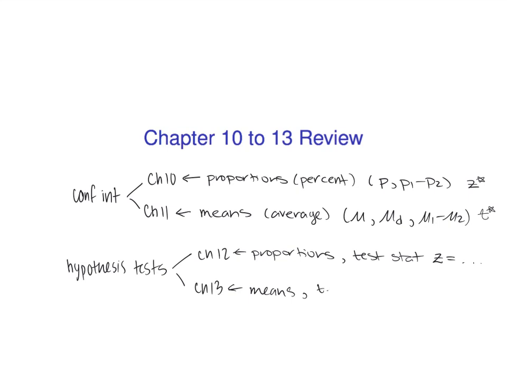In this case, your test statistic is a t-value equals something, which parallels the whole z-star, t-star idea. All right, now in this lesson, we're really going to review chapters 10 to 12 because you just did chapter 13. So just make sure that you understand the content of that chapter 13 take-home quiz really well.